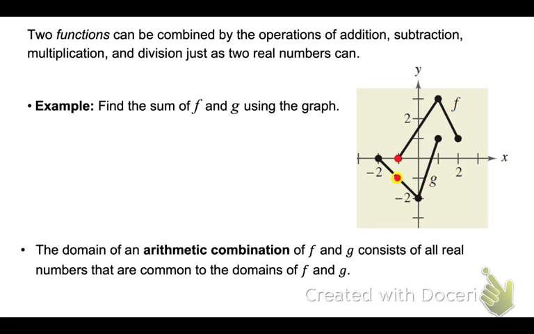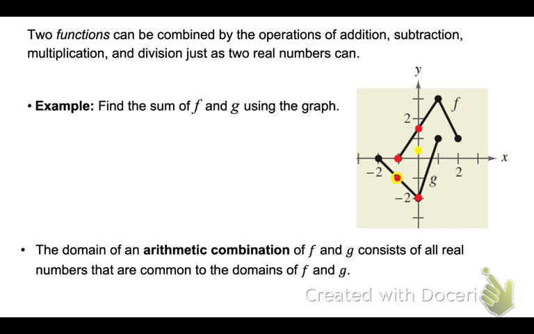Okay, so then we can go at 0. So at 0, f is 1.5, so 3/2. G is -2. Okay, so what's -2 plus 3/2? 1/2. So the answer would be at 1/2.